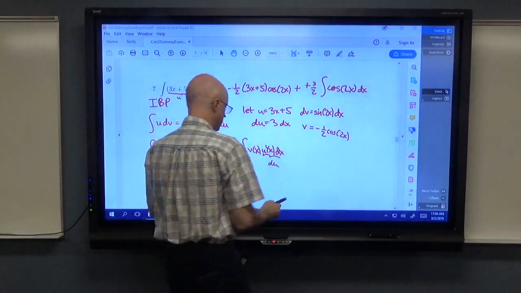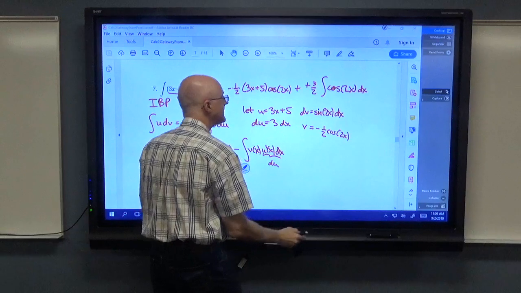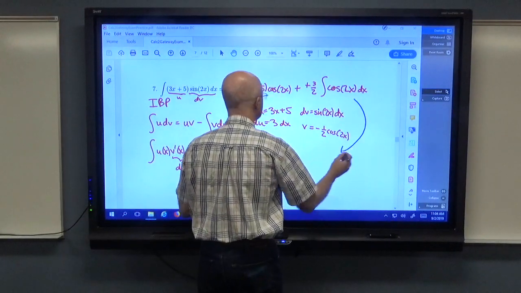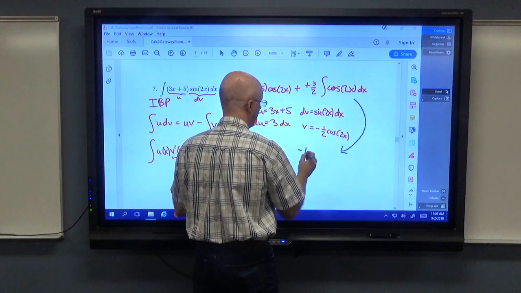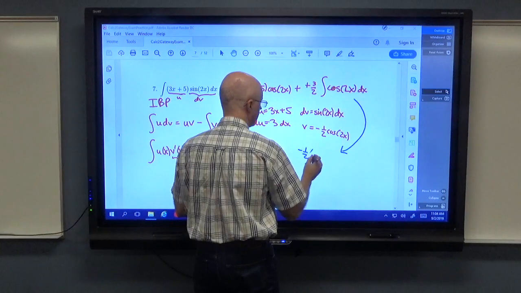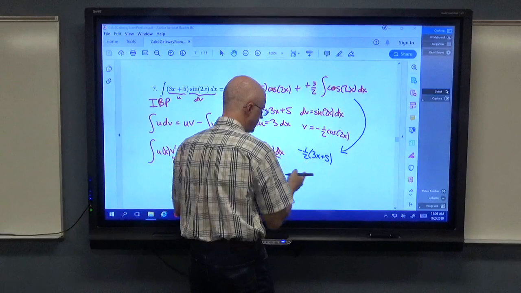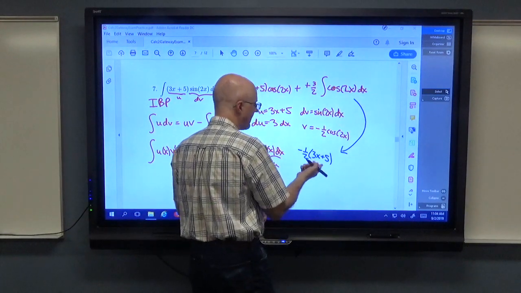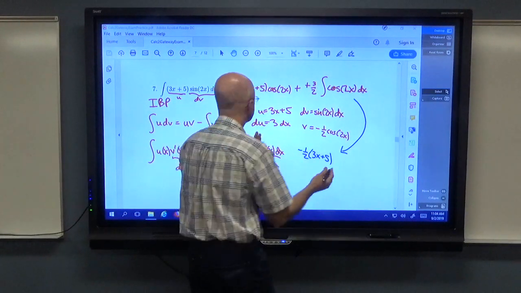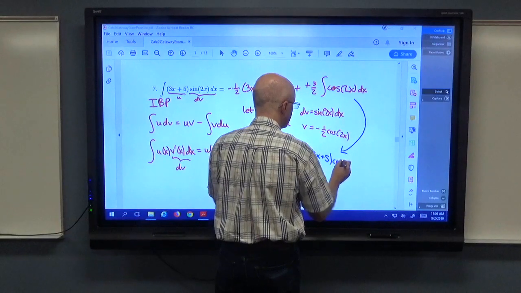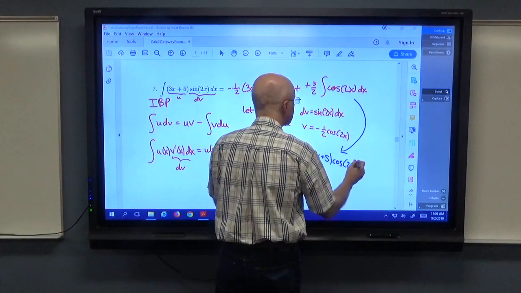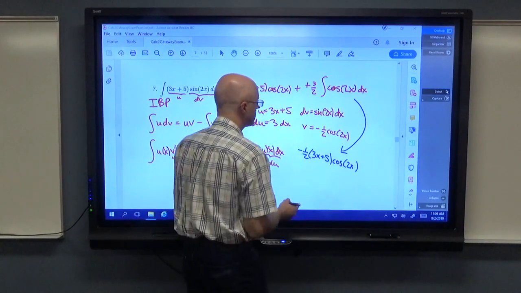And then the final answer, which I think I will write in blue, is negative 1/2 times 3x plus 5. You can certainly multiply the negative 1/2 through there to get negative 3/2 x minus 5/2, but then you need that in parentheses because you're multiplying that whole thing by cosine of 2x. I still need to do this integral.